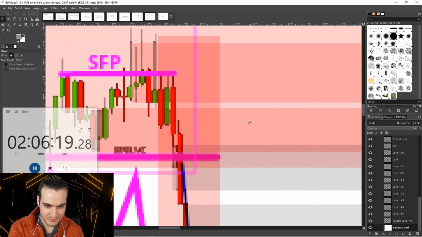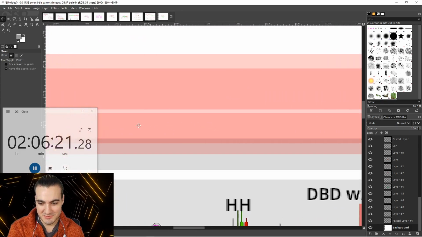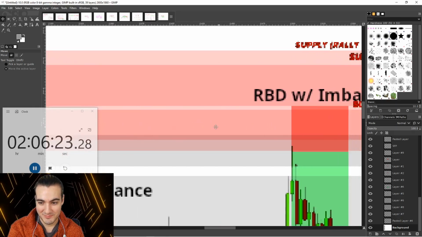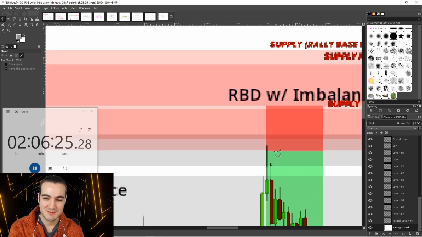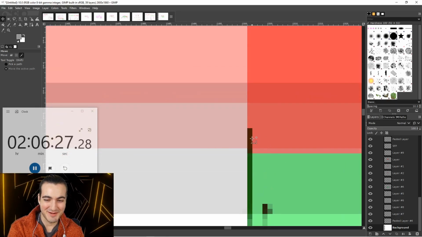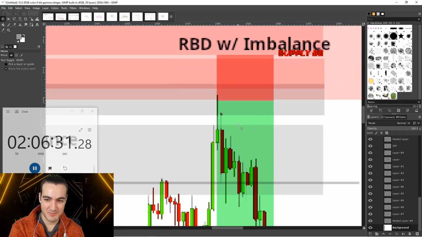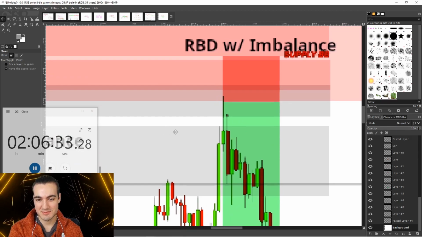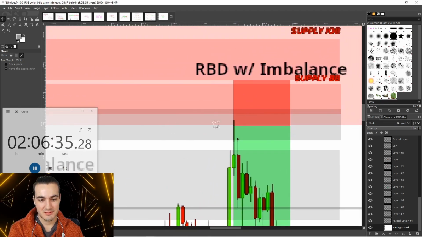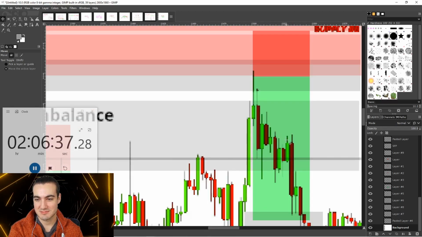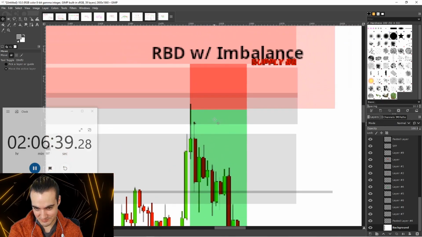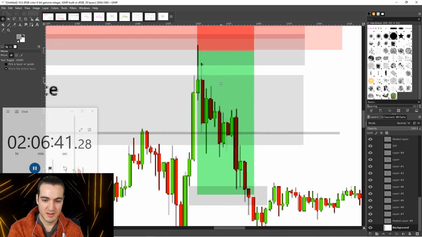Maybe. Anyway, it doesn't really matter. What matters is that if the price comes up to it and then it goes down, that's what we want. So it did end up coming up to the overlapping imbalance in the supply zone and then coming back down.